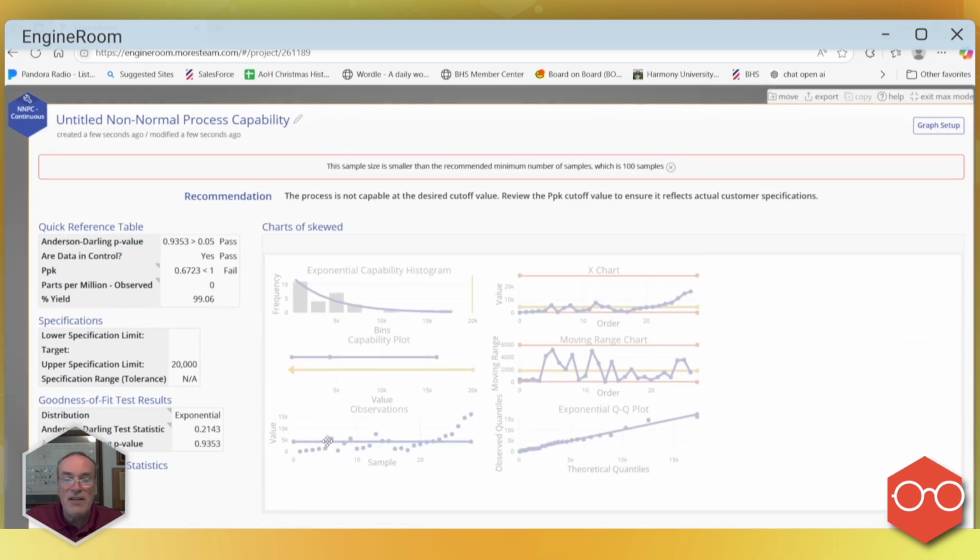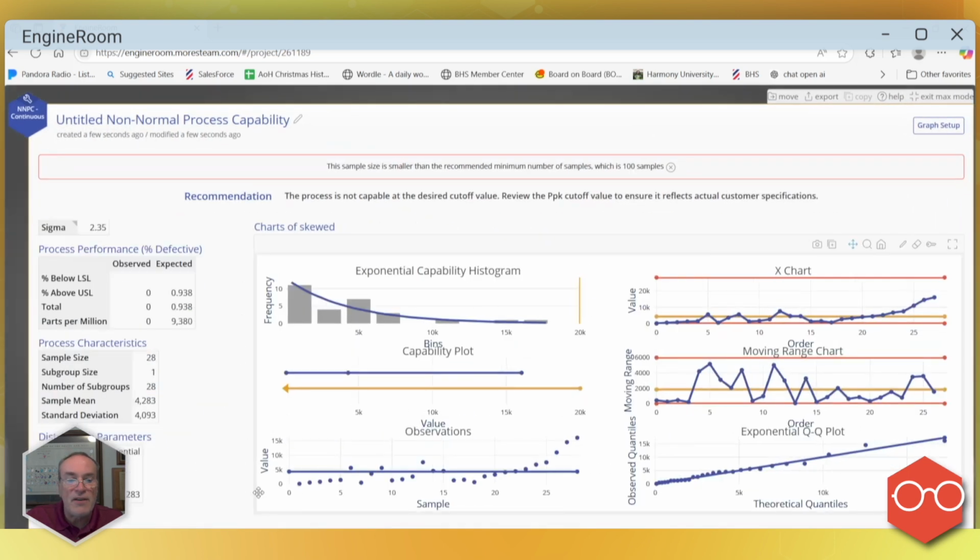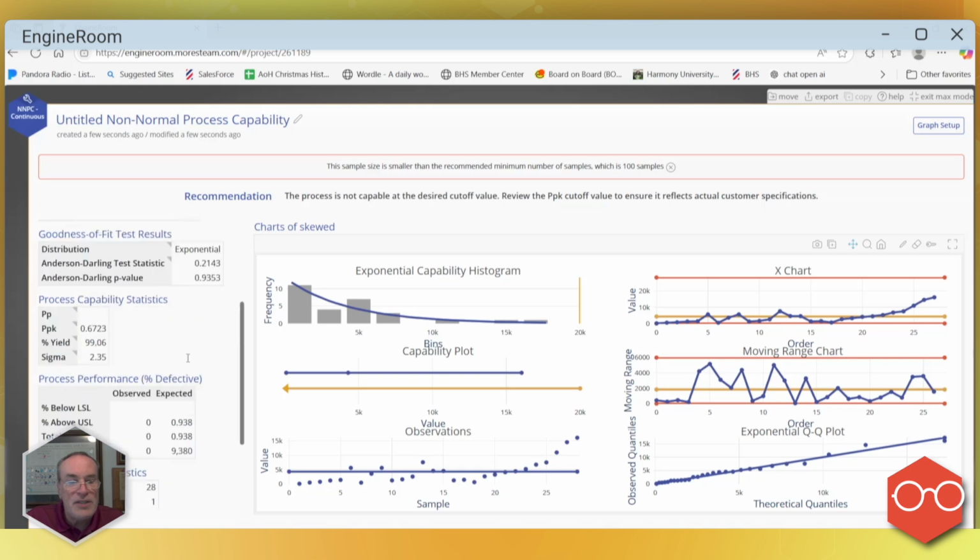And so then if we start looking at our statistical results, we actually start seeing our PPK went from 1.28 to 0.67, went from 99.99% down to 99.03.